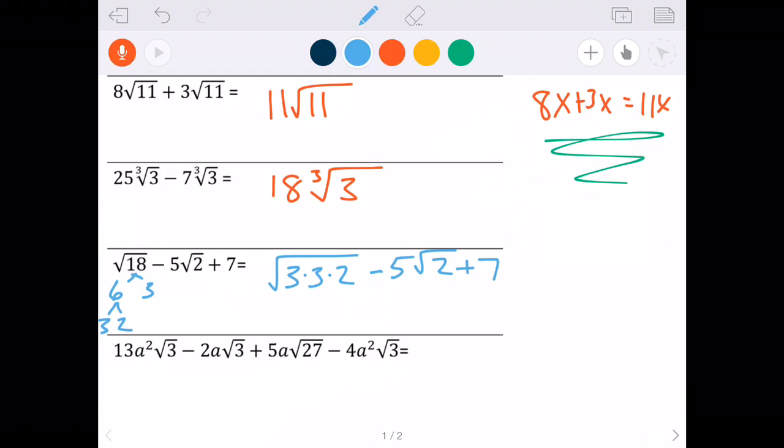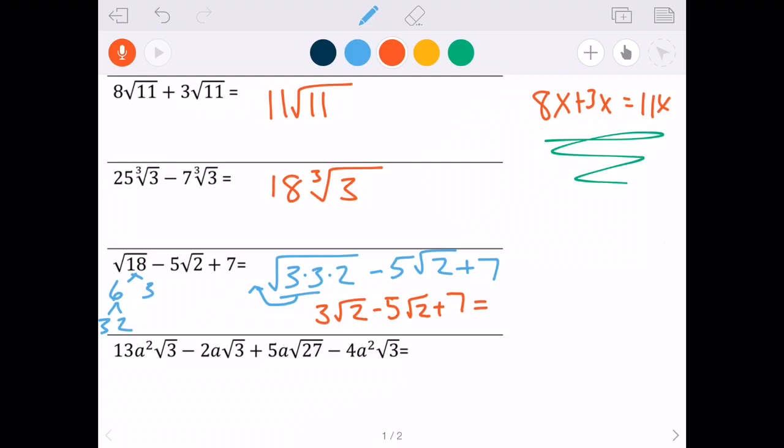So we have a pair of 3's. I'm going to take the square root of 9 and bring a 3 out front. So when I simplify this, I'm going to have 3 root 2 minus 5 root 2 plus 7. Now I have some things that I can combine. That's very important. In order to add and subtract, you need to have them in the simplest radical form.